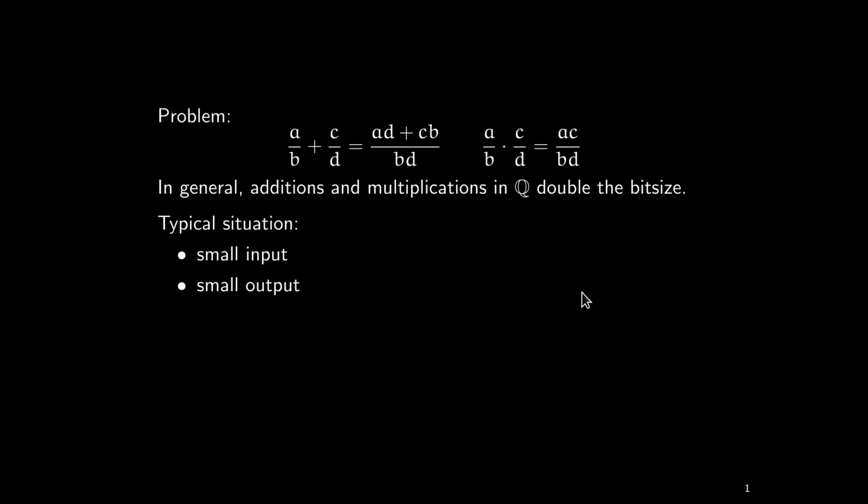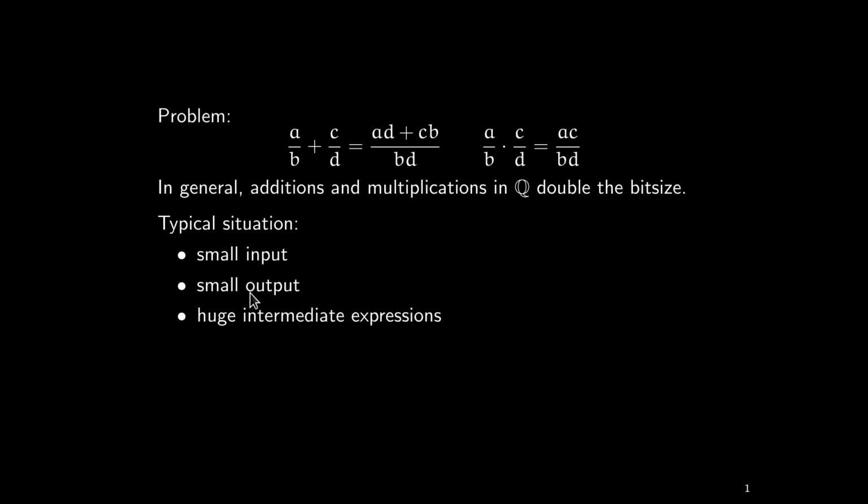Often, not necessarily, but often the output is small compared to the things that you see in the middle of the computation. The intermediate results that you obtain, the numbers that you see on the way going from the input to the output, can be much bigger than both the input and the output. And you don't care about these numbers. You're not interested in them. The only reason why you compute them is because you want to get to the output.